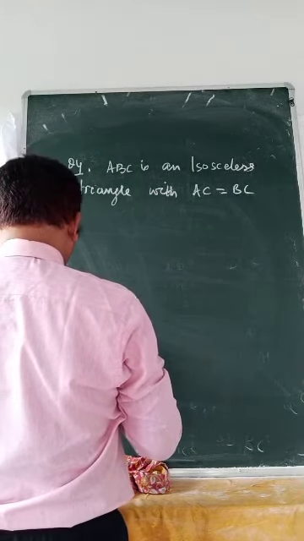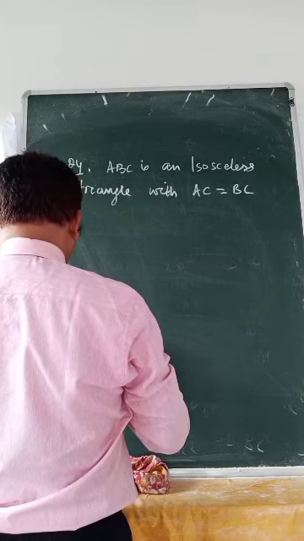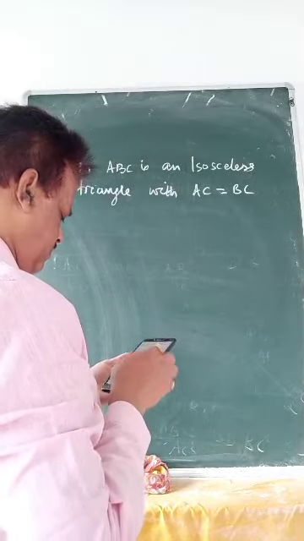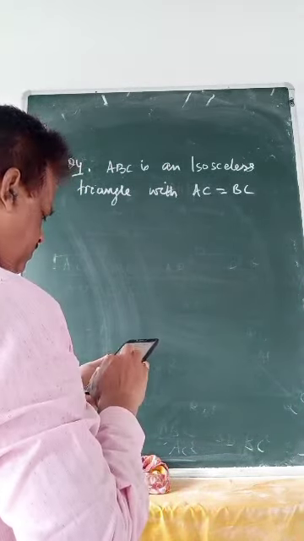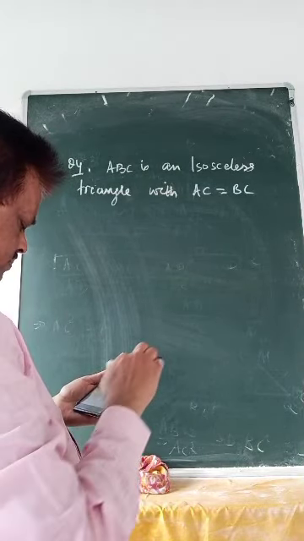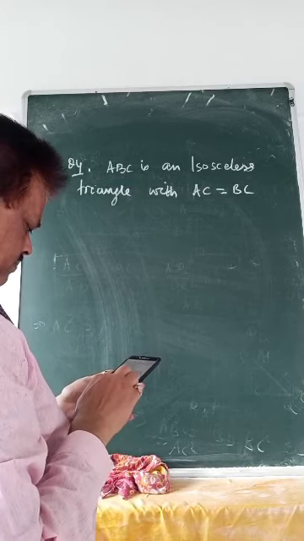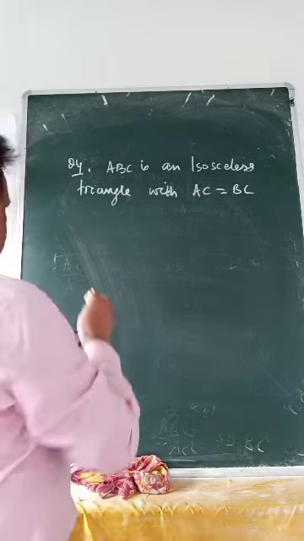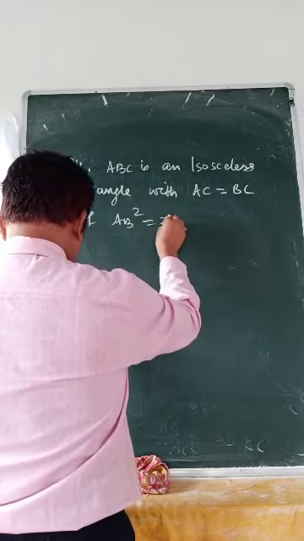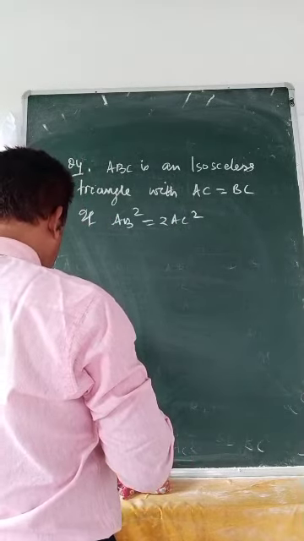If AB square equals 2AC square, prove that ABC is a right triangle.